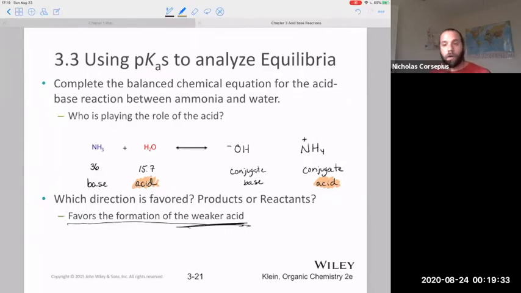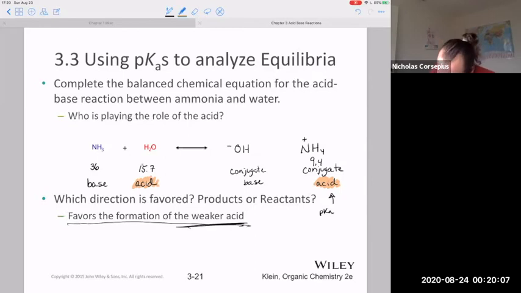So in order to tell which way this equilibrium lies, whether it favors products or reactants, you have to look up the pKa of your conjugate acid. If you go to your pKa table, you'll be able to find the ammonium ion, NH4+, and that has a pKa of 9.4.